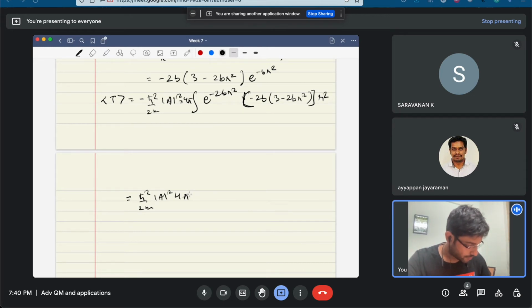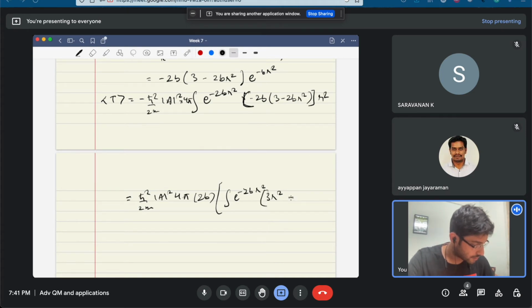There are two terms mainly, we can take the 2b also outside, minus already done. So let's say minus 2b, r square, 3r square is one term, the other one is minus 2b r to the power 4 dr.